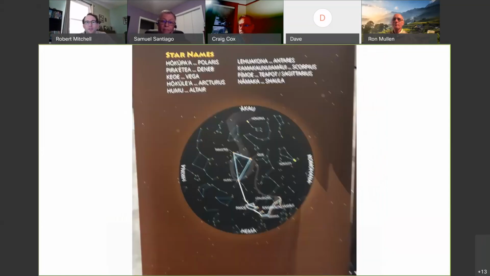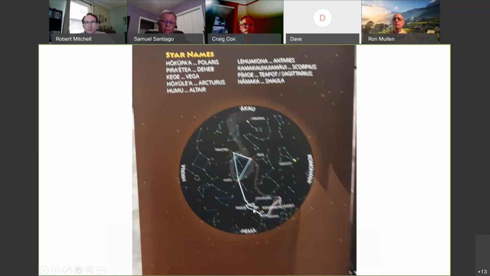So you can see with this one here. This is the fishhook, and it includes our summer triangle of Deneb, Piraetea, Vega, Koa, and Altair, Humu.